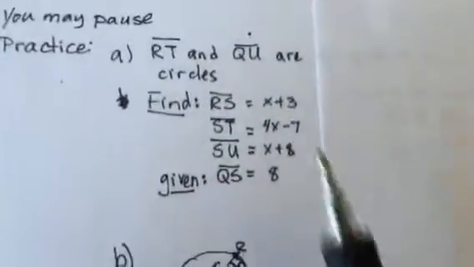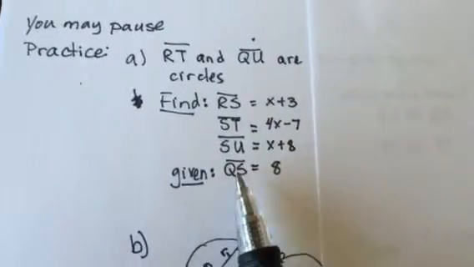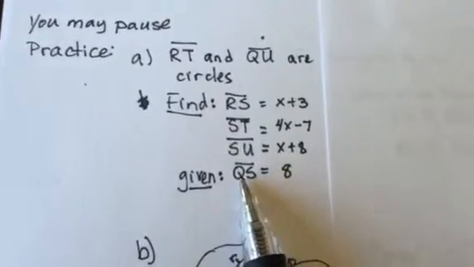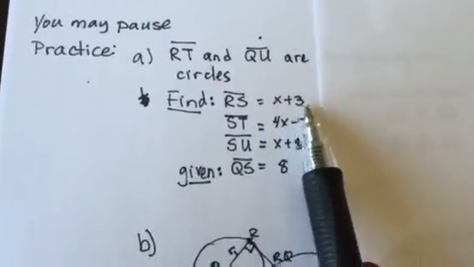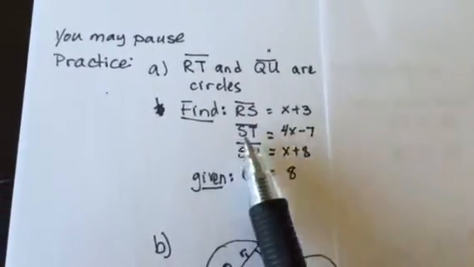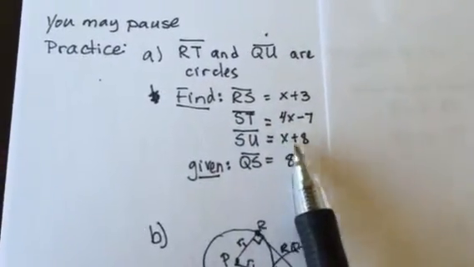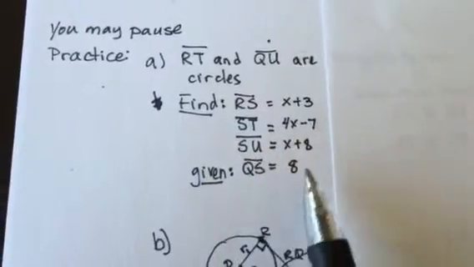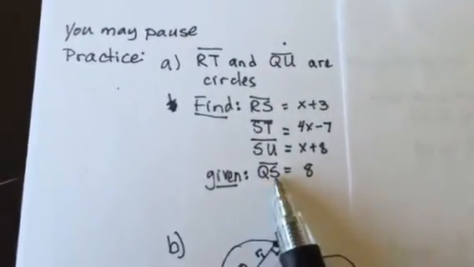So here's what they asked. Find RS, ST, and SU segments, and they've given us segment QS equals 8. I've now written down the other relationships shown on the diagram: x plus 3 is an algebraic equivalent to RS, 4x minus 7 is an algebraic equivalent to segment ST, x plus 8 is an algebraic equivalent to segment SU, and 8 is the numerical equivalent to segment QS.